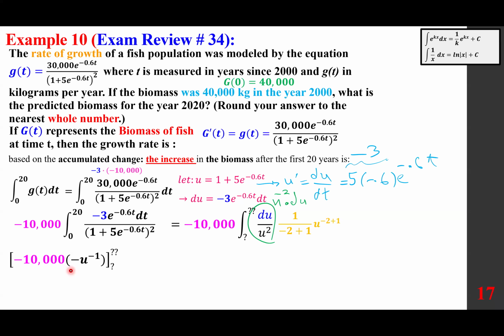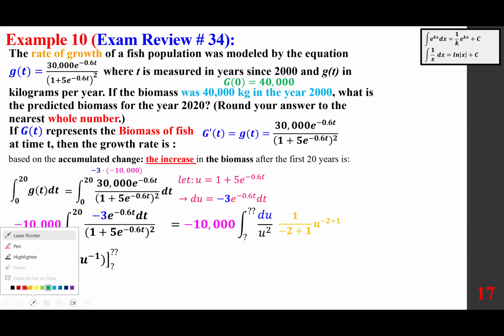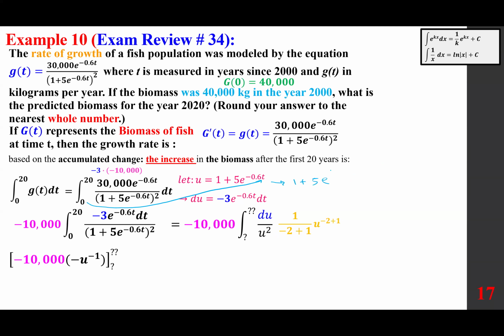But what are the new limits? Let's figure them out. Let's plug in 0. If I put 0 here, I get 1 plus 5 e to the power of 0, which is 1, and it becomes 6.